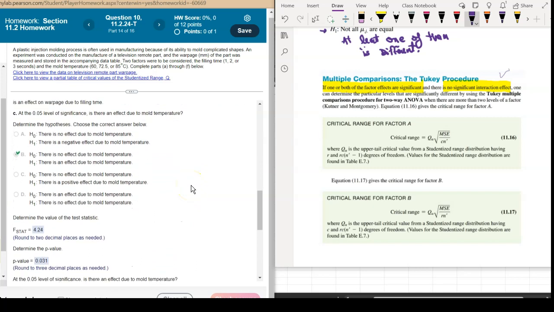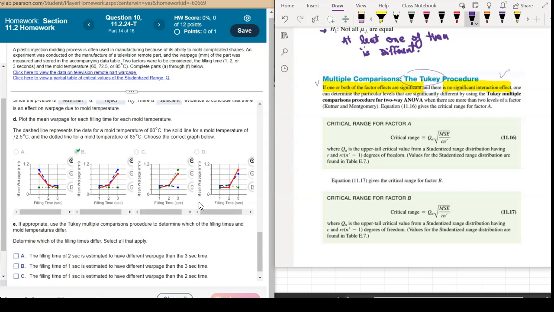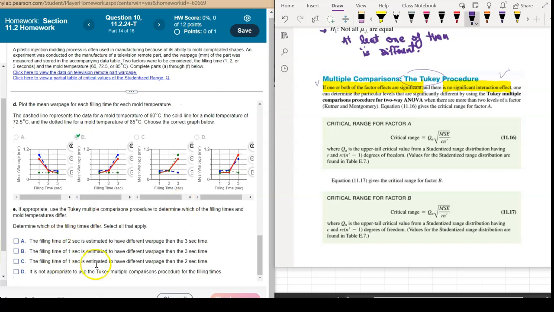And for the other effect, we rejected H0 as well. So there is a significant effect, at least for one, and this is the second one, all right? So yes, we can conclude that we need to do the comparison process. And we're gonna try to do it in Excel in order to figure out how to get these choices.